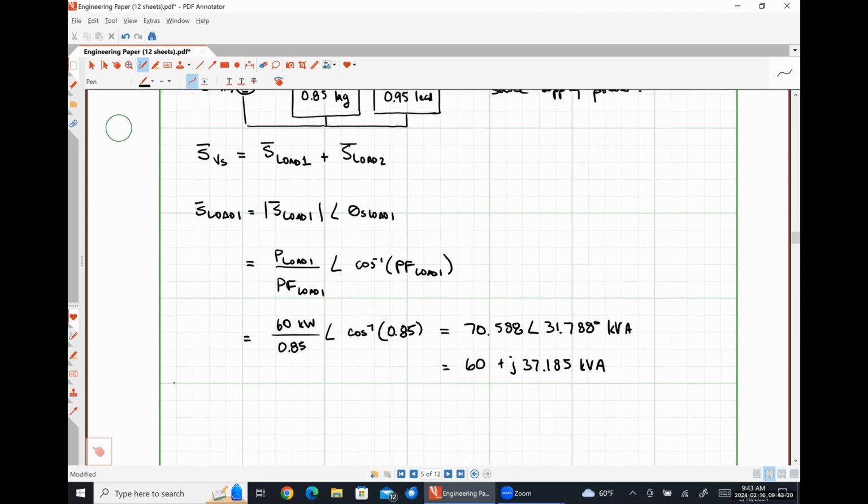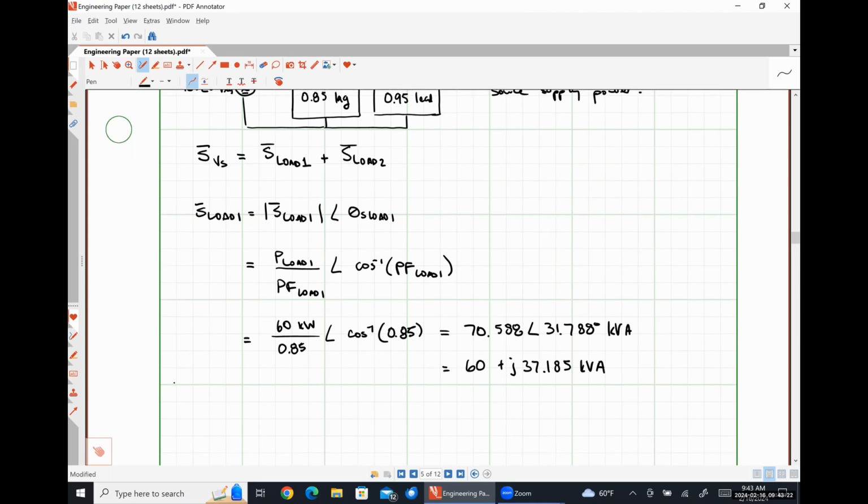So what we'll see in a moment, when we calculate the complex power absorbed by load 2, is that we have to explicitly put a negative sign in when we do our inverse cosine operation to force that angle to be negative for a corresponding leading power factor. So very good question, Ashton.